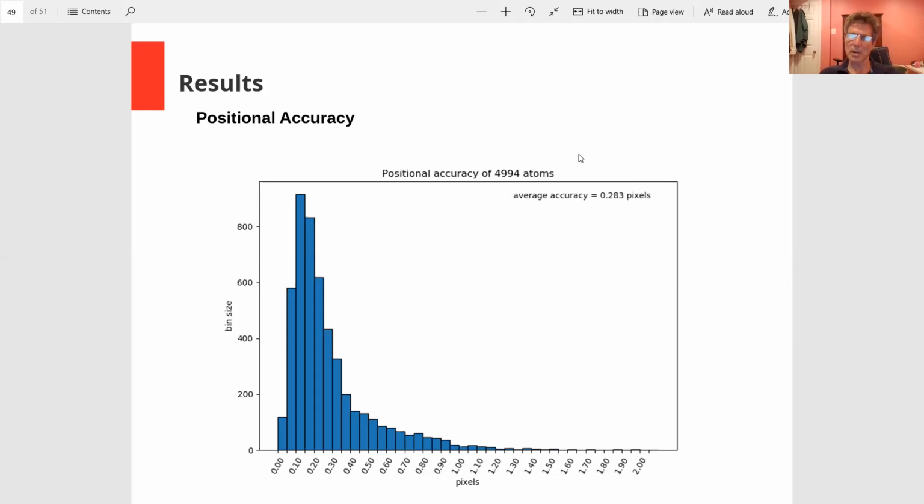But for 4,994 of the 5,000 atoms, the average accuracy was 0.283 pixels, with the caveat that I'm acting as if I know which of the 2 sets of 10 atoms is the correct one.